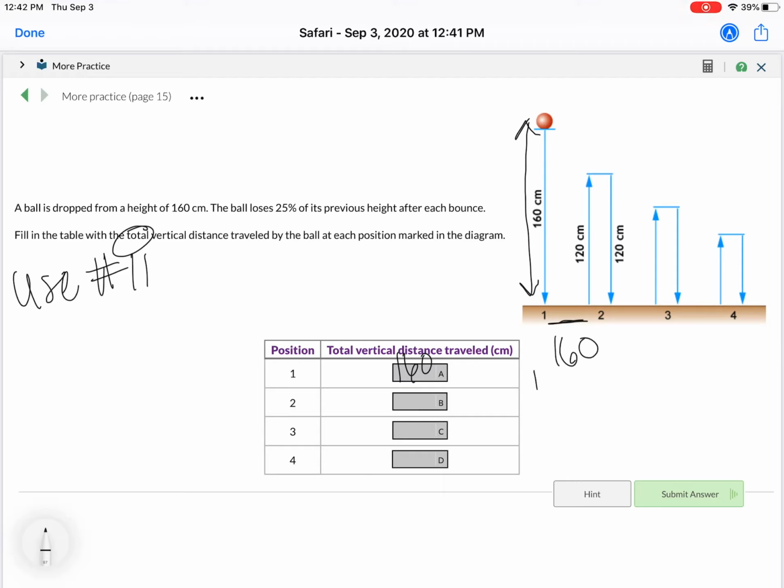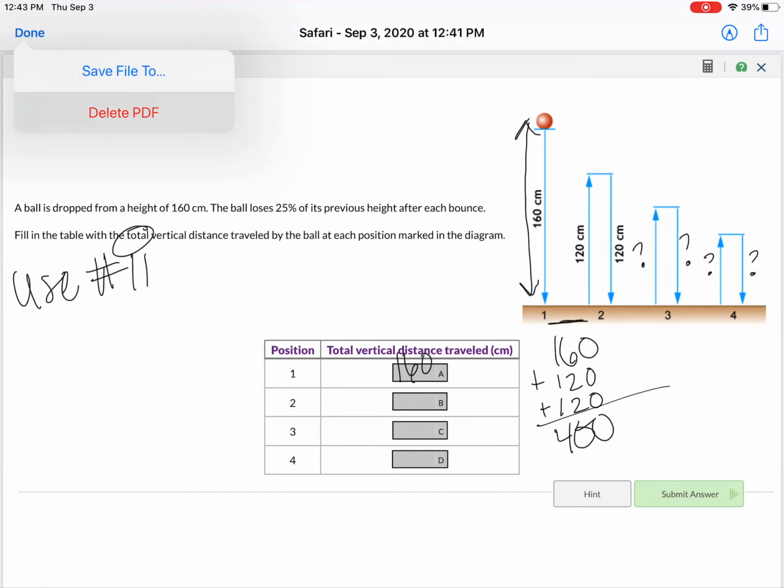Keyword total. So I'm saying 160 plus 120 plus 120 is 400. So I've got to find this spot, this spot, this spot, and this spot. And those spots are the same thing as what you did on number 11, okay?